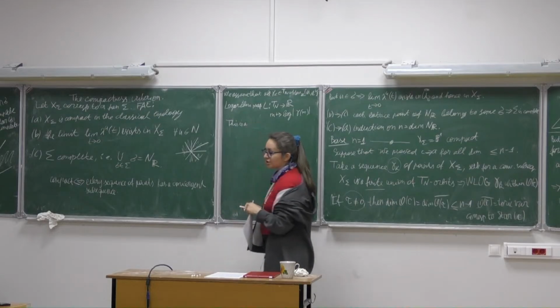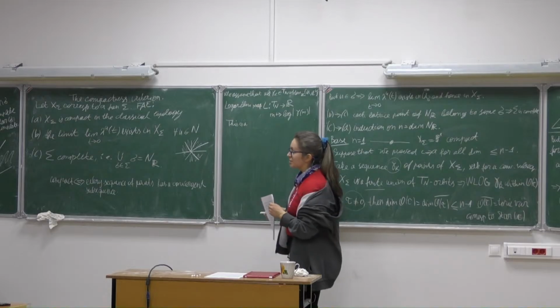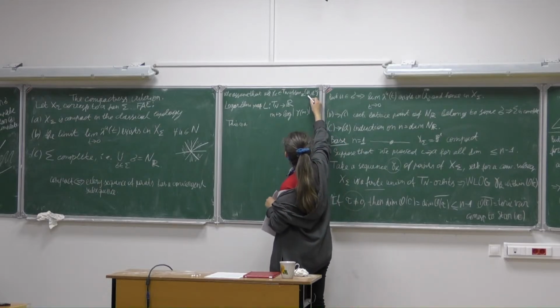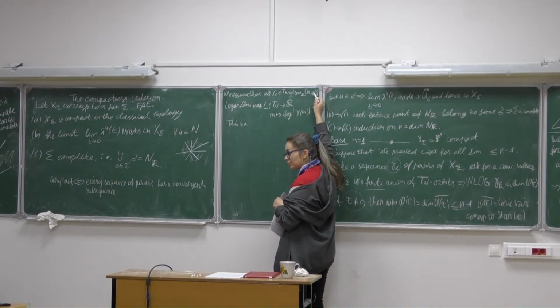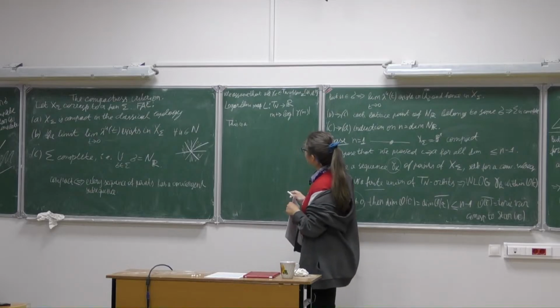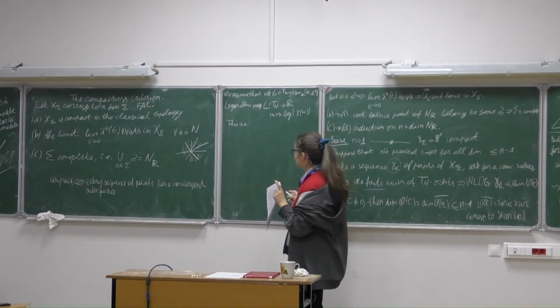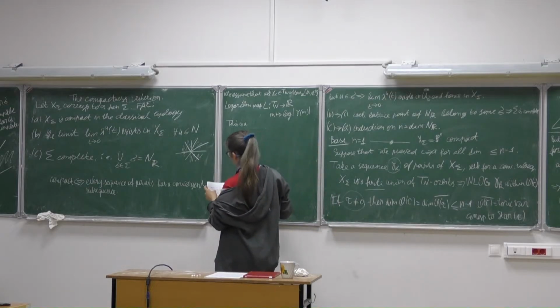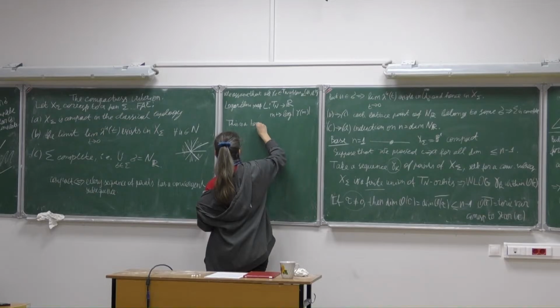By our construction, each element of the torus is a map from M to C star.